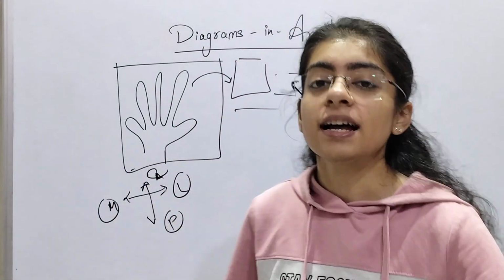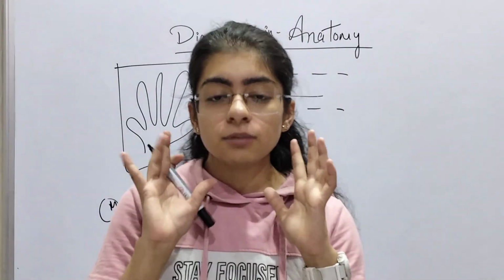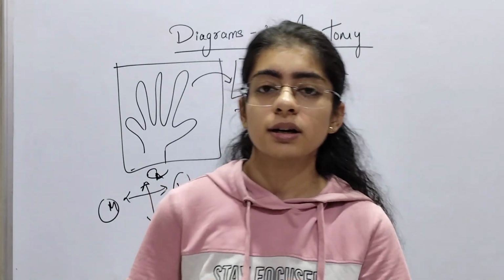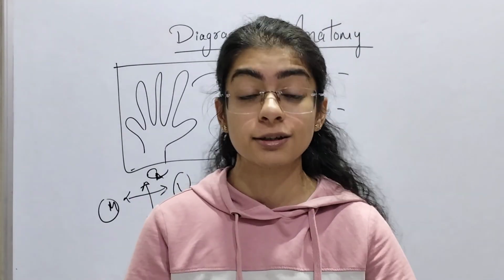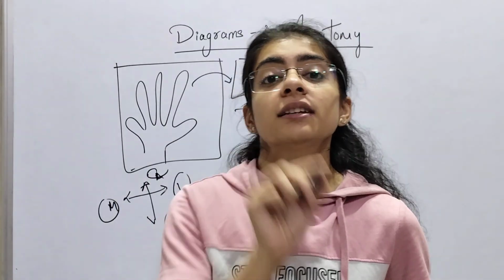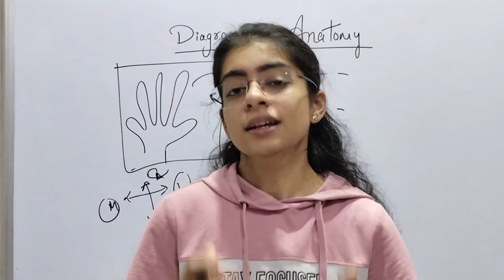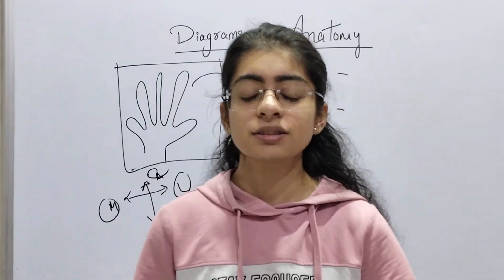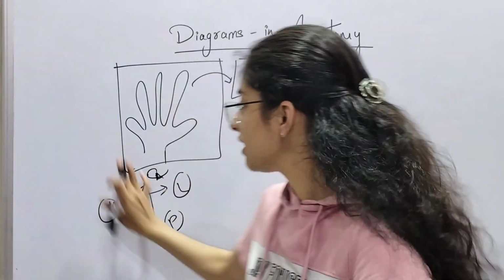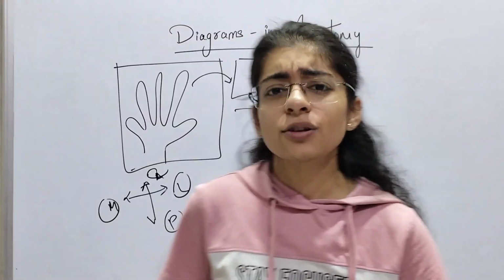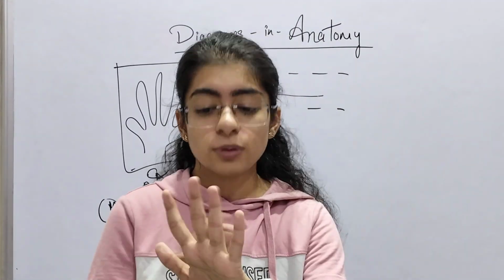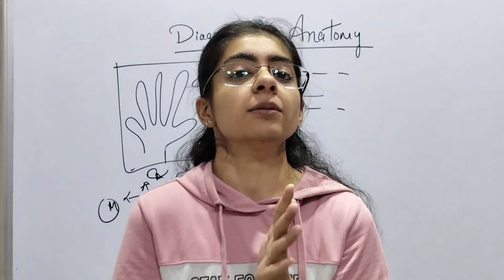Next are the boundaries of the diagram. If I am drawing a hand, a foot, a thorax or a brain, whatever it is, if the boundaries are not clear and good looking, then straight away you get a cut on your marks, because a shabby, rough hand will not get as many marks as a hand with beautiful, clear borders.